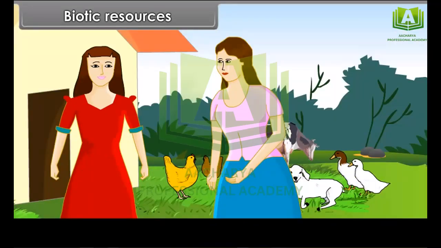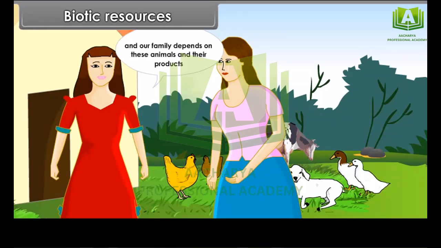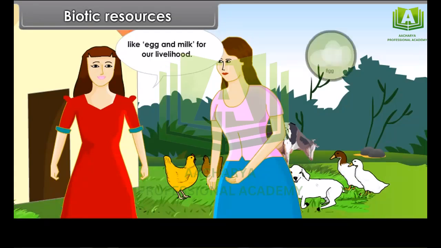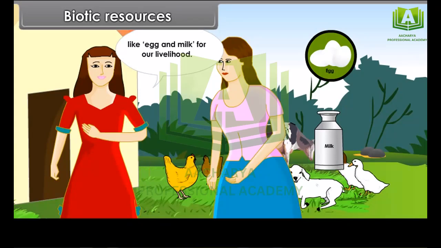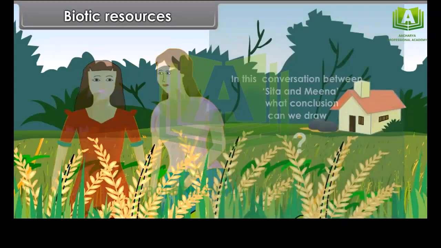Meena to Sita: In my home, we have domestic animals like goats, cow, hen, duck, etc. And our family depends on these animals and their products like egg and milk for our livelihood. In this conversation between Sita and Meena, what conclusion can we draw?